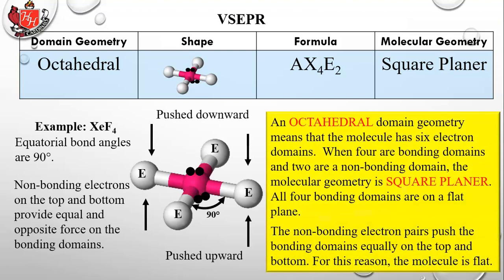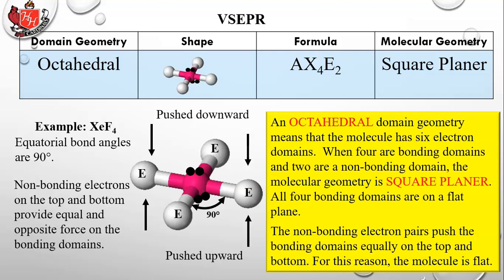So an octahedral domain geometry means that the molecule has 6 electron domains. When 4 are bonding domains and 2 are non-bonding domains, the molecular geometry is square planar. All 4 bonding domains are on a flat plane. The non-bonding electron pairs push the bonding domains equally on top and bottom.